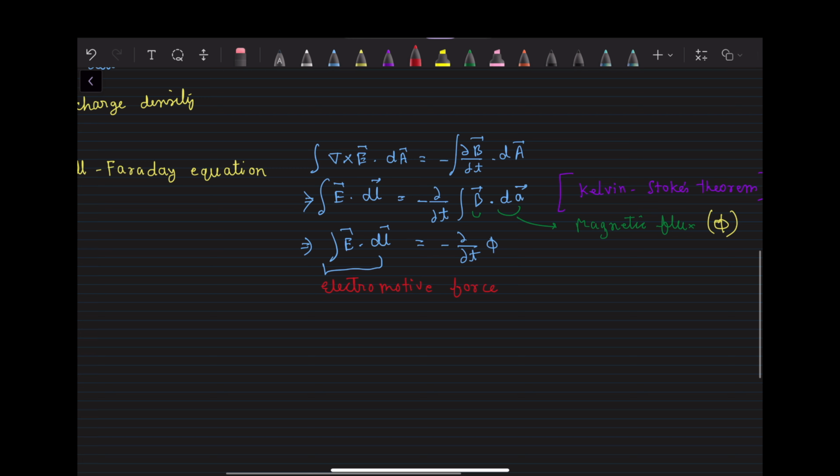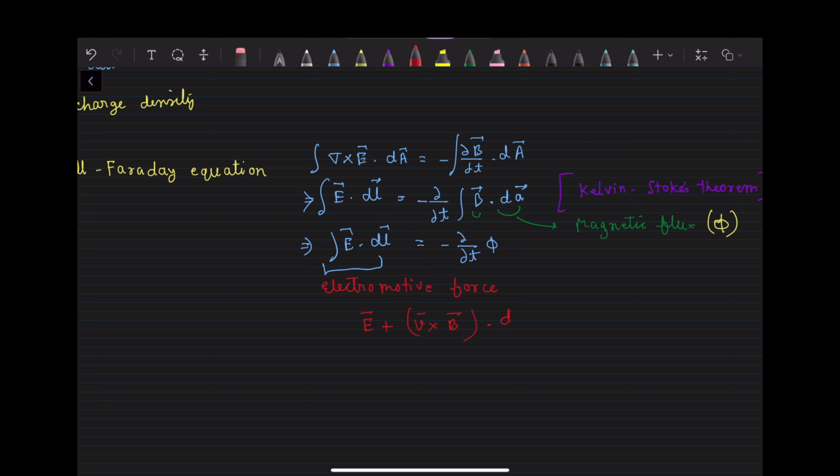So it all comes from the Lorentz force. We have the electric field and then force due to the magnetic field as well.